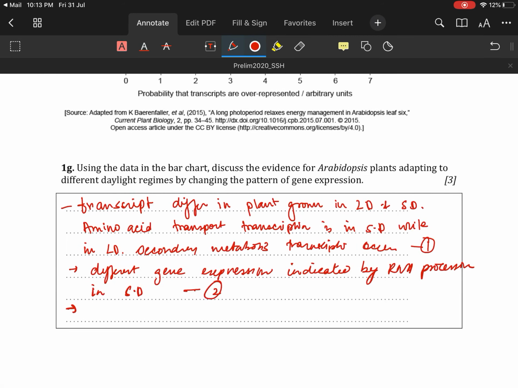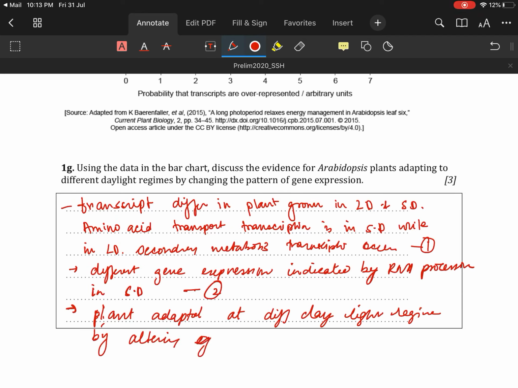Third point you can give, plant adapted, any example, plant adapted at different daylight by altering gene expression.